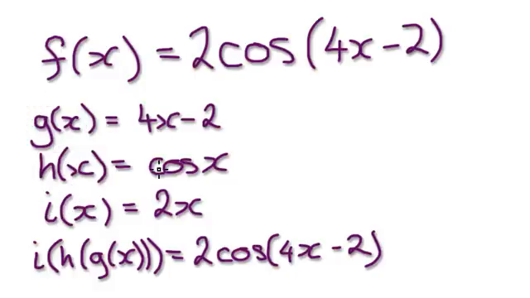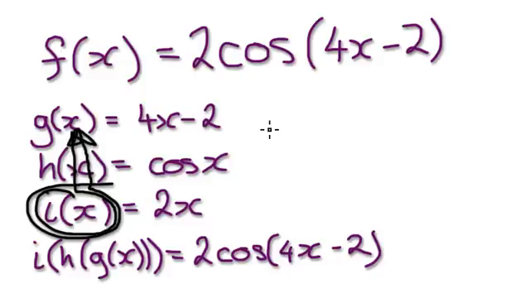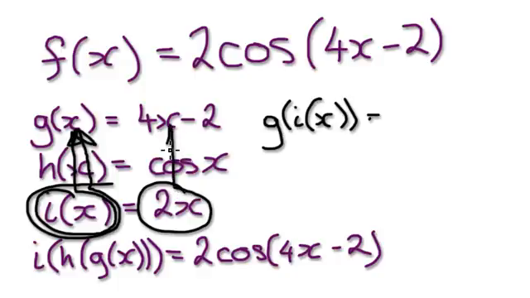So for example, if you put i here into the g here, it would look like this. Well, remember, if i goes into the g, then the g will be on the outside. So g of i of x here. Okay, so here we are putting this into here. So instead of giving us this whole thing here, it would give us something else.